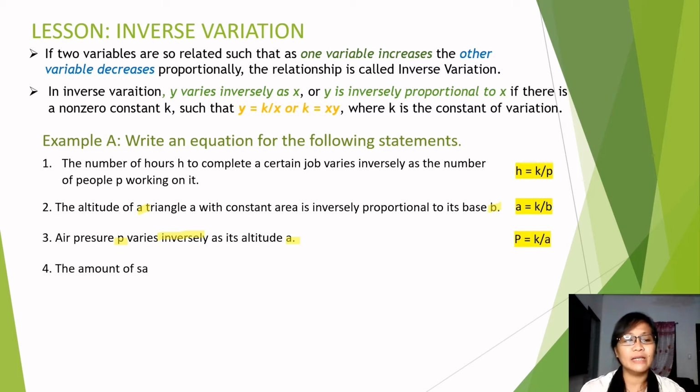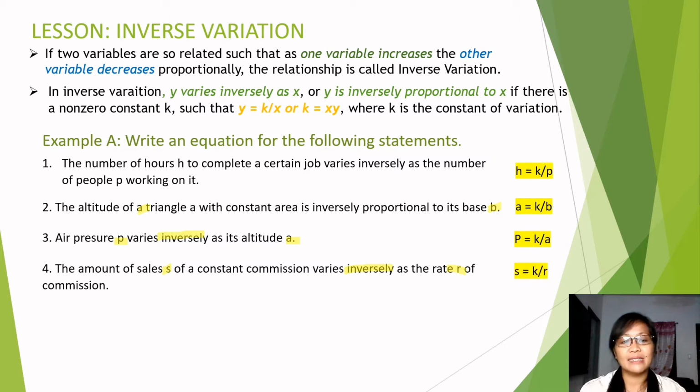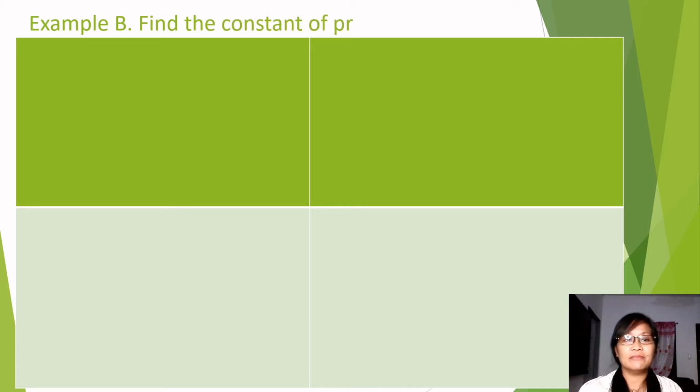For number 4, the amount of sales S of a constant commission varies inversely as the rate R of a commission. So, S ang naunang binanggit, therefore we have S is equal to K over R. Example, letter B. Find the constant of proportionality.